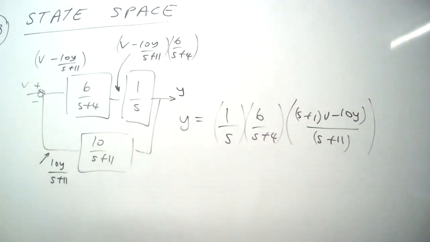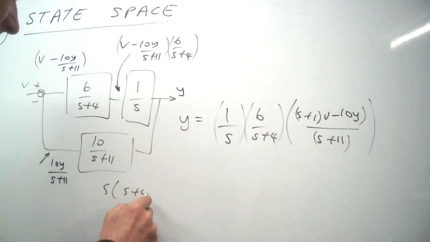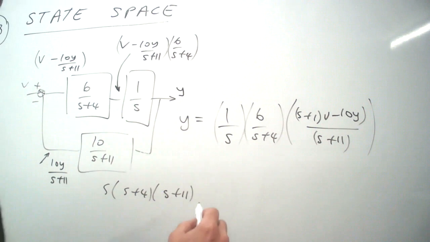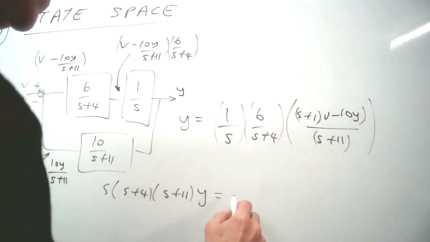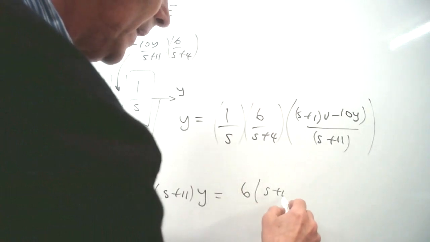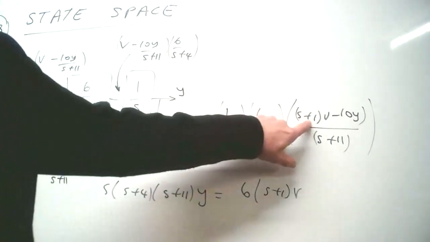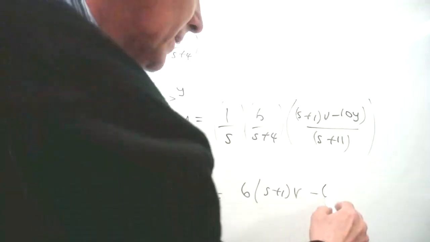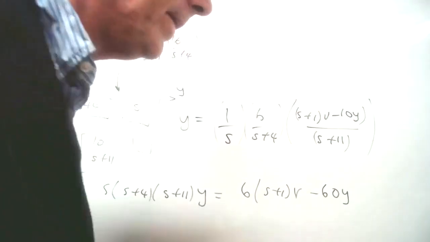We get s times s plus 4 times s plus 11 times y is equal to 6 times s plus 11 times v, then 6 times 10 will be minus 60y.